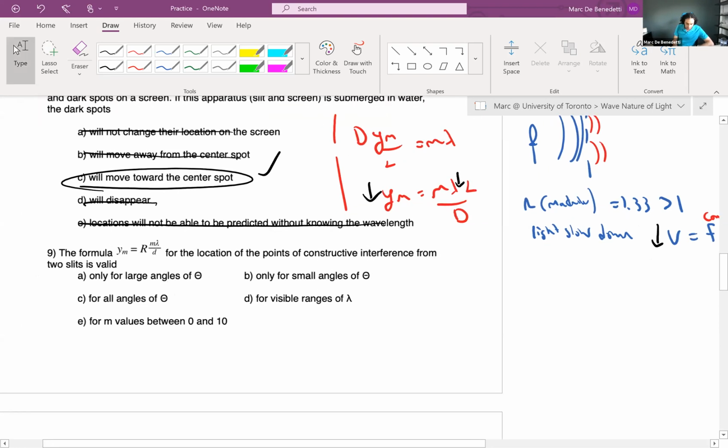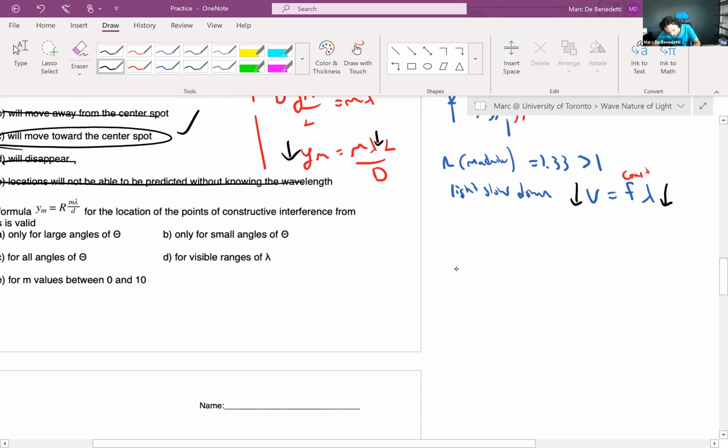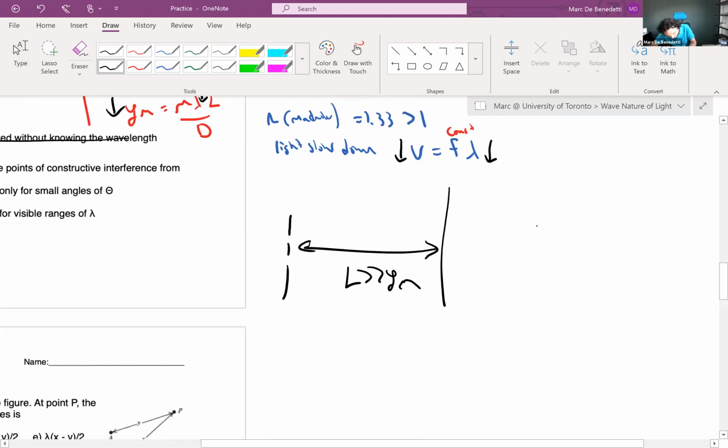And last but not least, the formula y equals m lambda L over d for the location of the points of constructive interference from the two slits is valid when, as I mentioned in class, the L value is very much bigger compared to the vertical distance here.